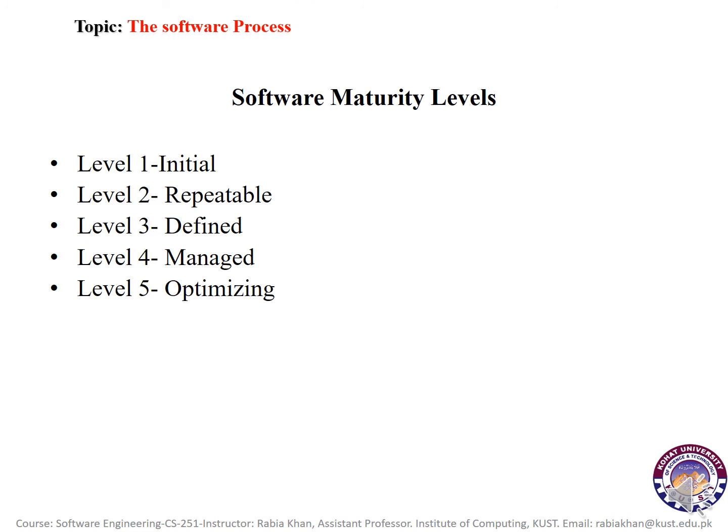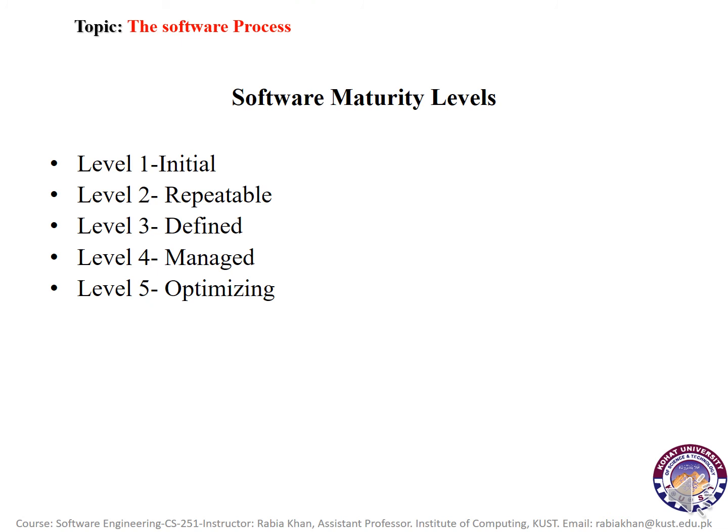Process maturity is a term that is gaining popularity in recent years. This shows the process maturity level of a software development organization that adopts some process. That means how mature the software process is in some organization.